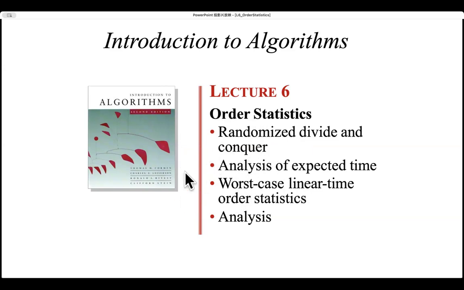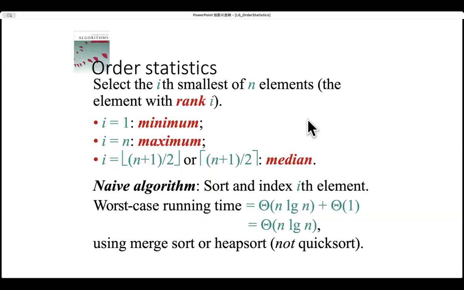What order statistics is really about is finding the ith smallest element from an unsorted sequence. Again, let me repeat. Finding the ith smallest element from the unsorted sequence that contains n numbers.